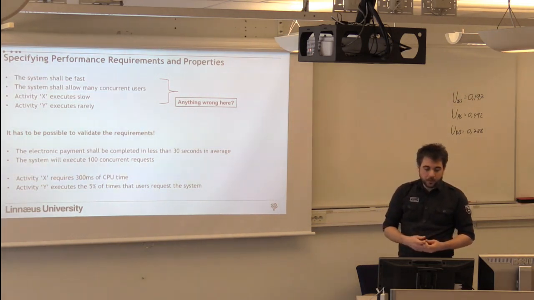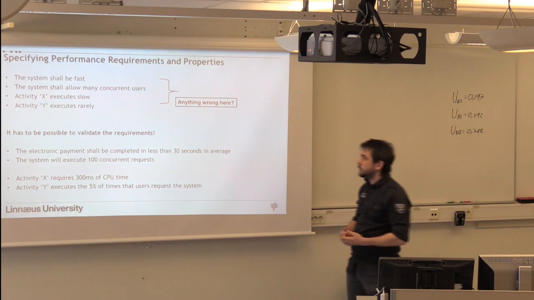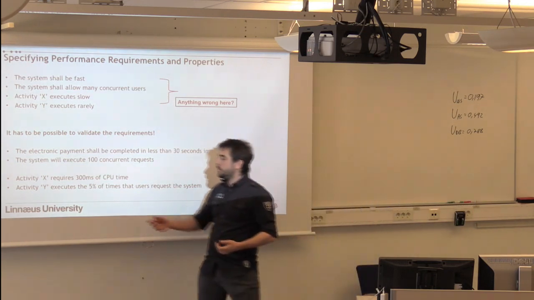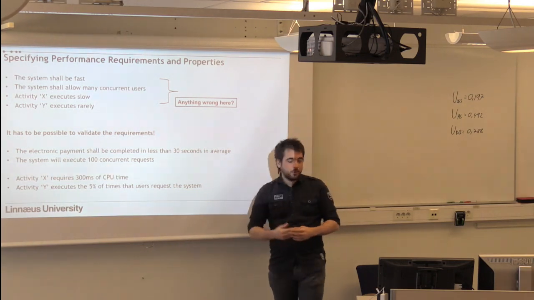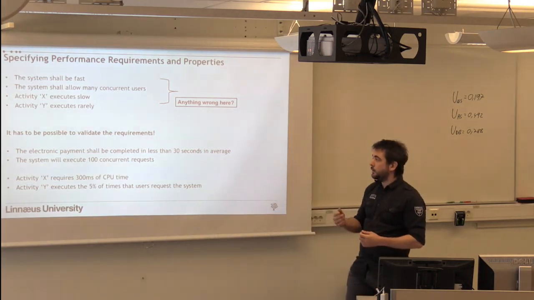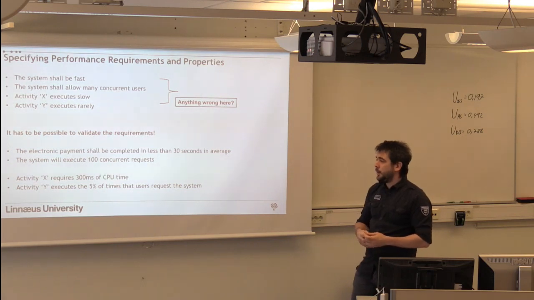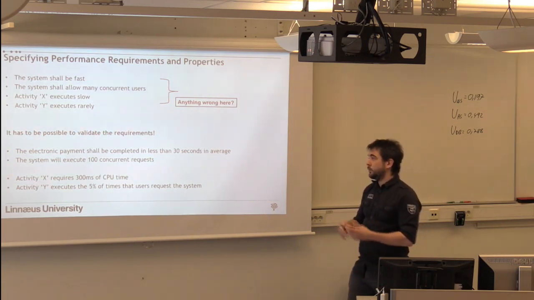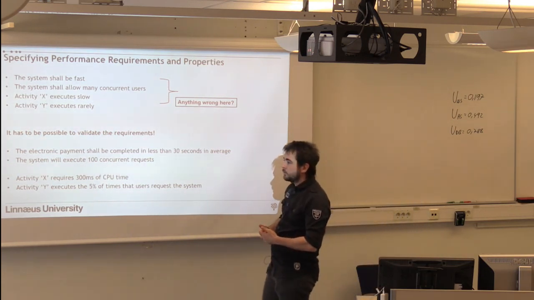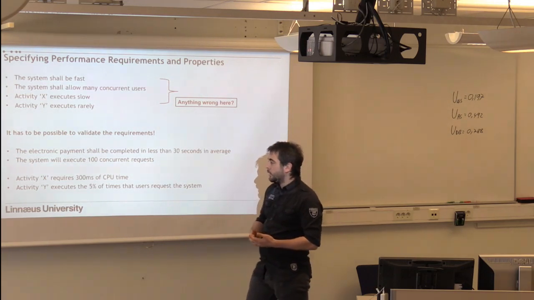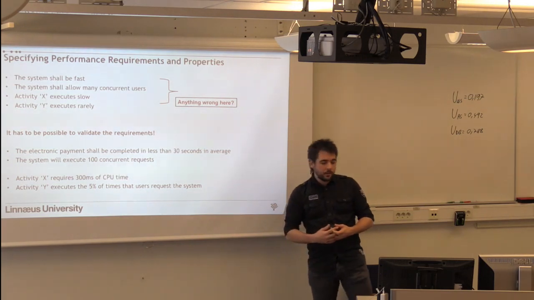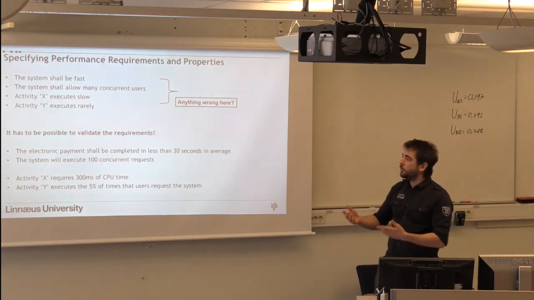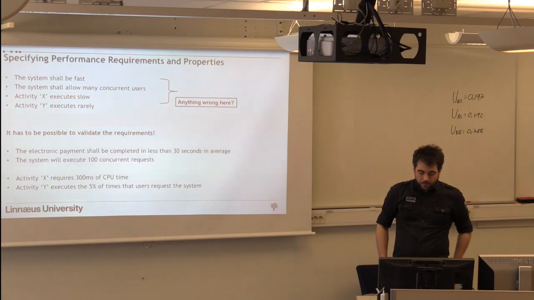For the properties of the activities, executes slow, maybe we can define it like requires 300 milliseconds of CPU time. And some activity that executes rarely, we can define in our model not as rarely because it's too ambiguous, but like executes 5% of times that users request the system. So 1 out of 20 we want to execute activity Y.